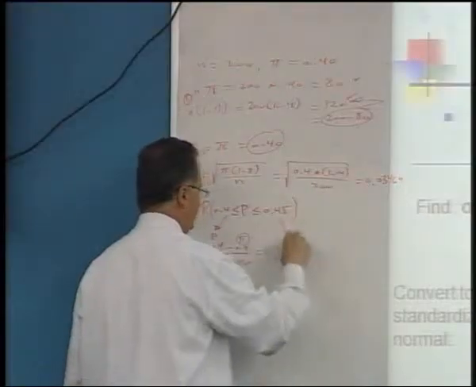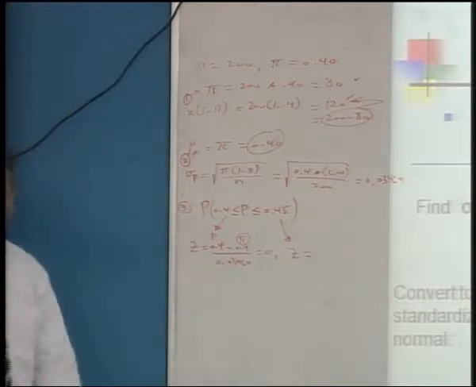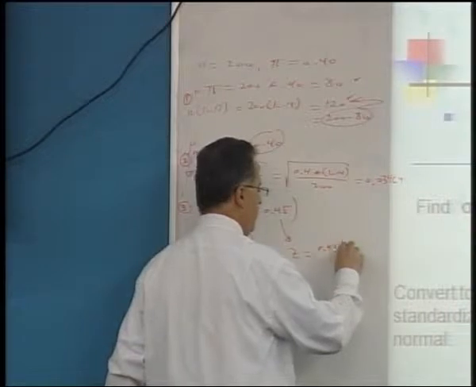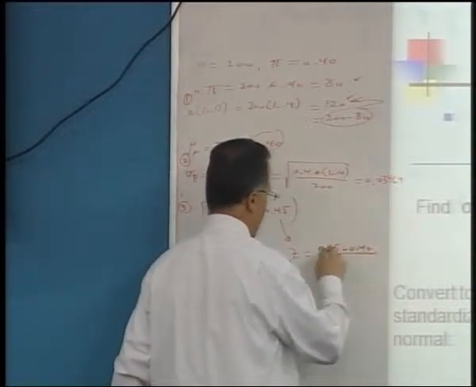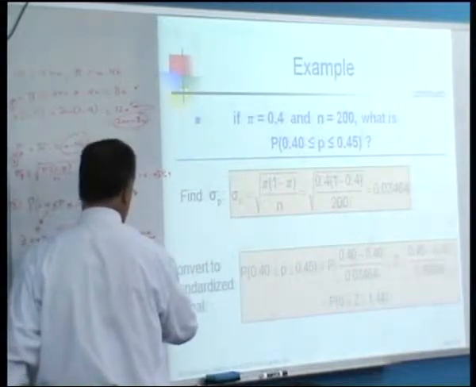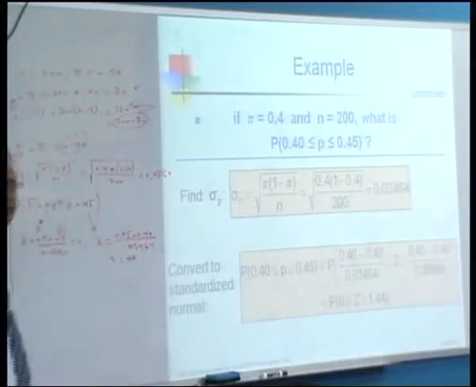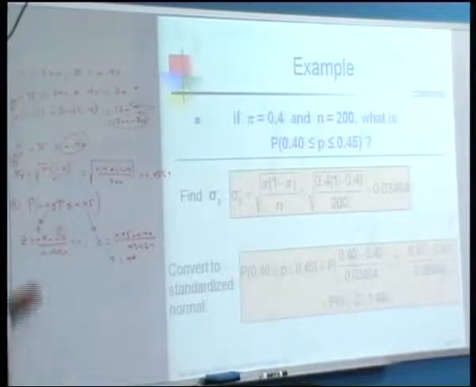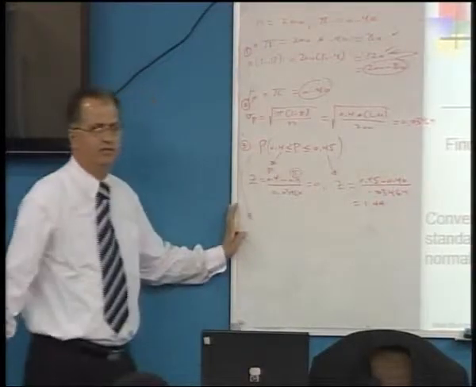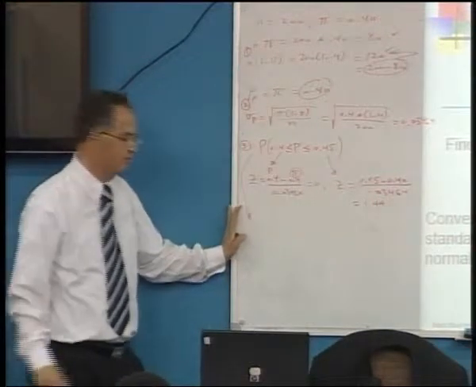The other z-score, for the other value, here 0.45, gives 1.44. After that, this problem is converted to a standardized normal value.